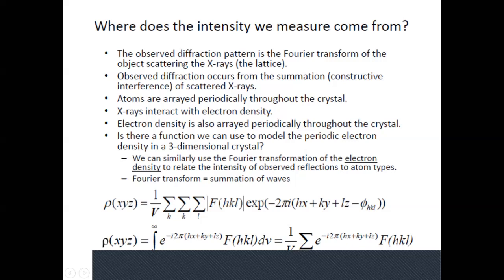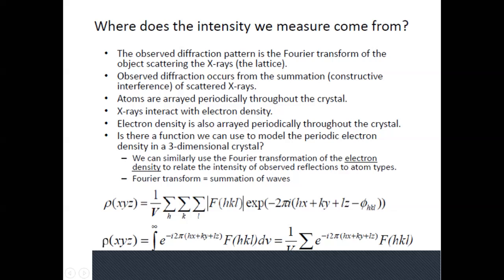This phi is a phase issue or phase problem we'll talk about in a little bit. And F is what we refer to as a structure factor, and it's determined from the intensity of the HKL reflection. And so what you do is you sum over all the HKL indices for that particular point to determine the electron density at that XYZ point.